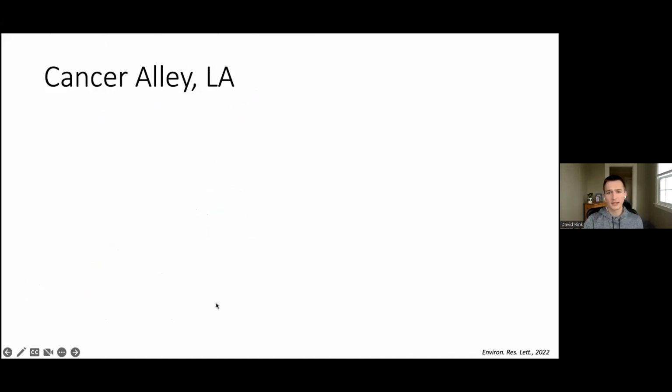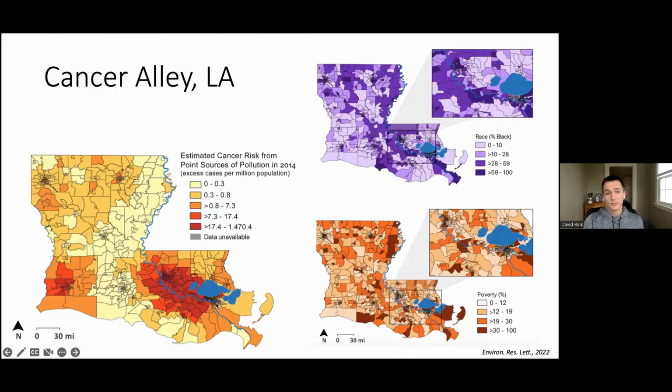And this is an area that has now been nicknamed Cancer Alley. These are communities of also predominantly Black and lower socioeconomic status citizens who are surrounded by more than 200 petrochemical plants that are emitting toxic waste and byproducts and have now been implicated in staggering increases in local risks for cancer, among other ill health effects.